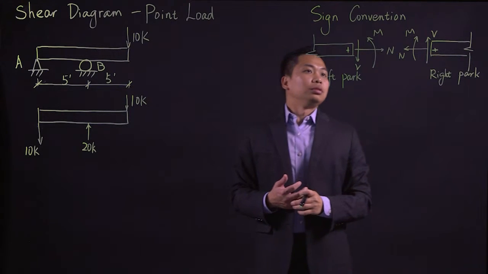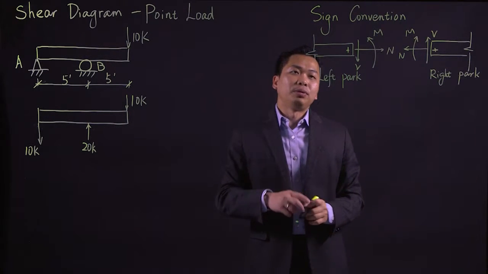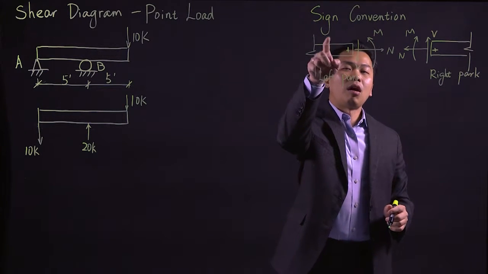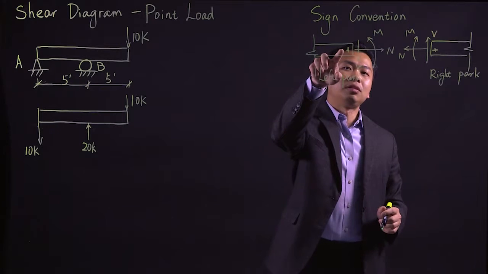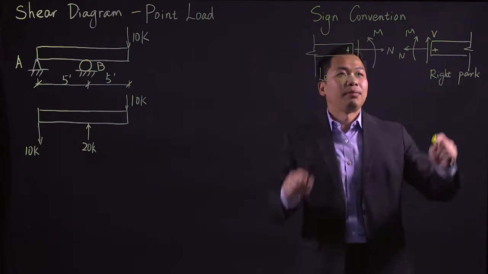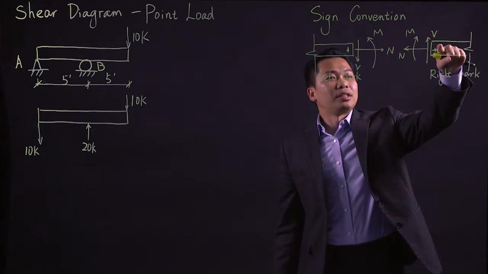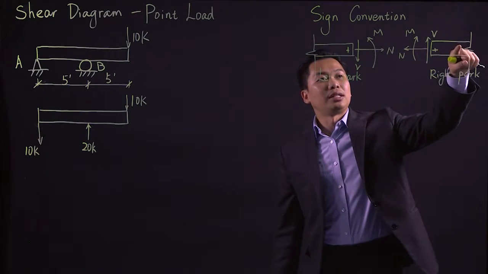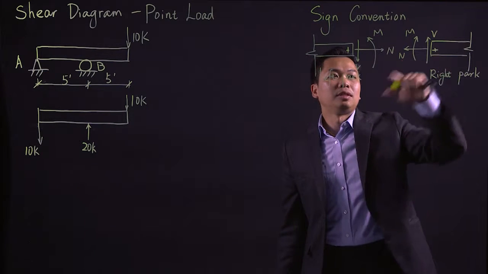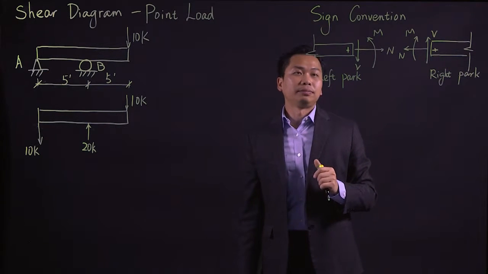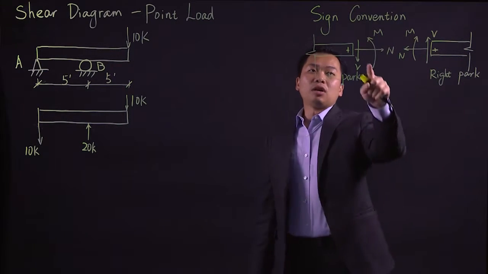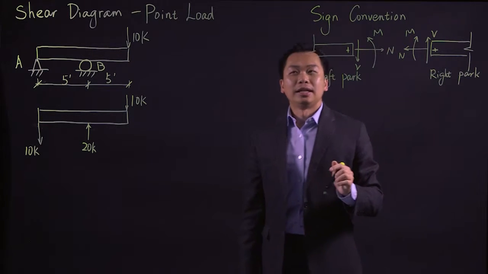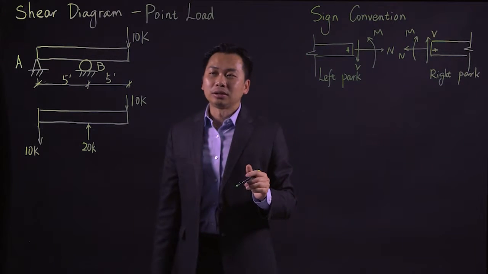One way to memorize this is if you put your finger within the beam, and your shear is going to create a clockwise moment, that is positive. Same thing for the right-hand side. For the axials, it's always pointing outward as positive, and for the moments, making your beam smile is the positive moment.